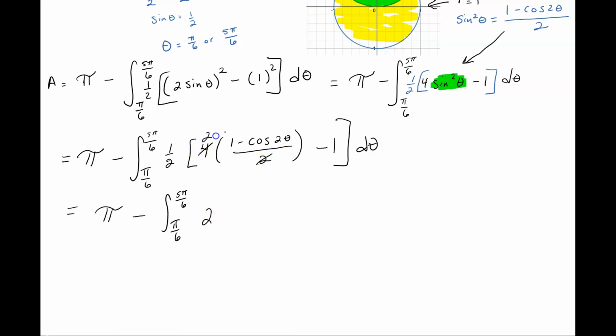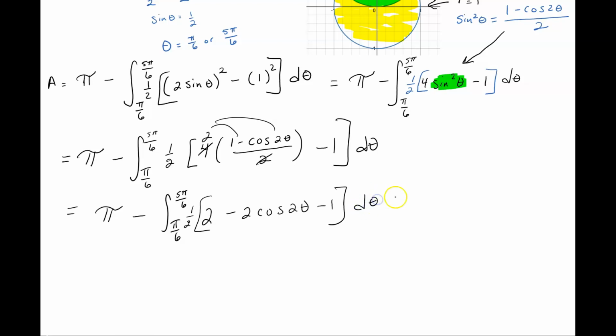I'm going to have 2 minus 2 cosine of 2 theta, minus 1. And then, of course, I have that 1/2 that sits in the front there. That looks okay, and I can combine my 2 and my 1.